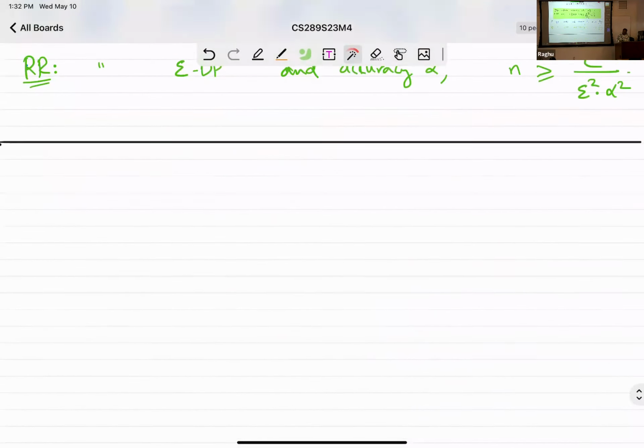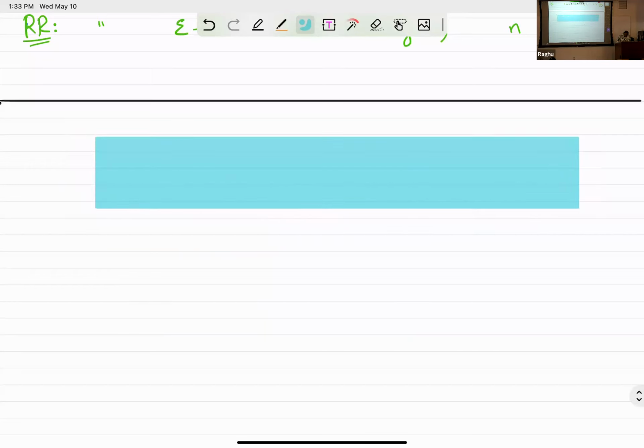Even though we were studying the mean, the Laplacian mechanism works more generally, and we can quantify it as follows. Okay. So this is sensitivity.